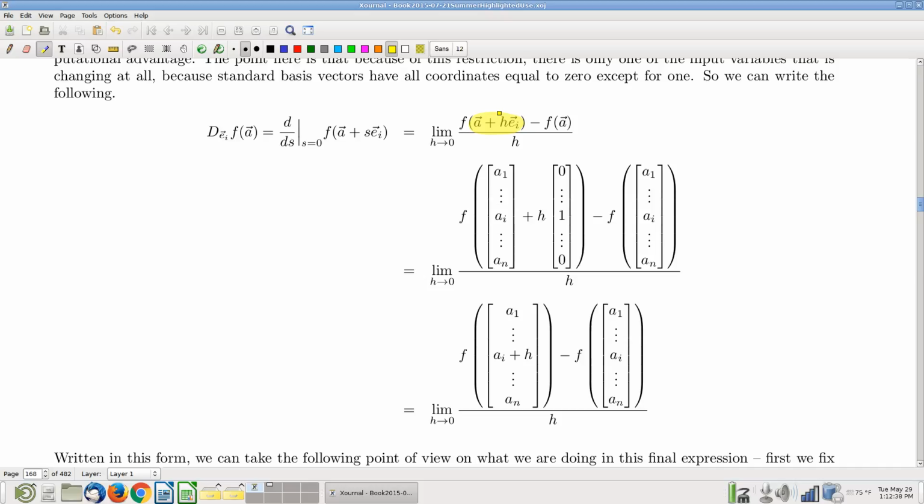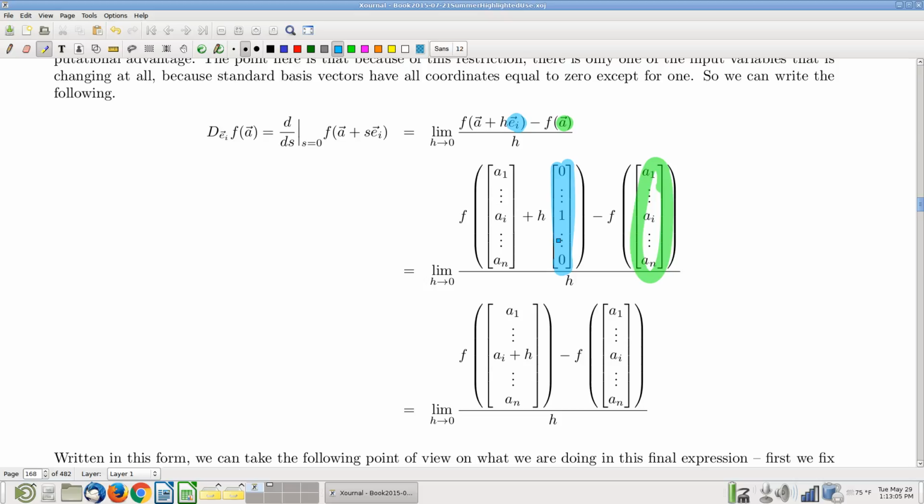A plus h times e_i. There's that right there. And the A is just whatever that is. Let's look carefully at this e_i vector. The e_i vector, don't forget, is mostly zeros with a 1 in a single position. So let's think about what's going on in the numerator.